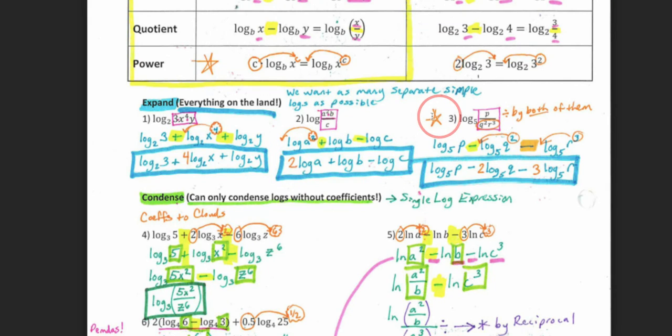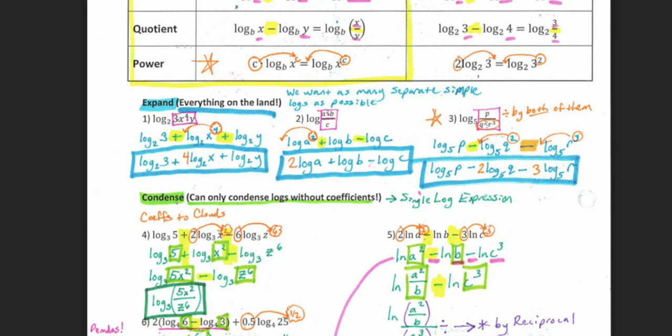Now, number 3, I would put a star by this problem because this is one that is frequently missed on both homework and tests. If you look at the answer part of this log, notice that both q squared and r cubed are down in the denominator. That means I'm actually dividing p by both of those.